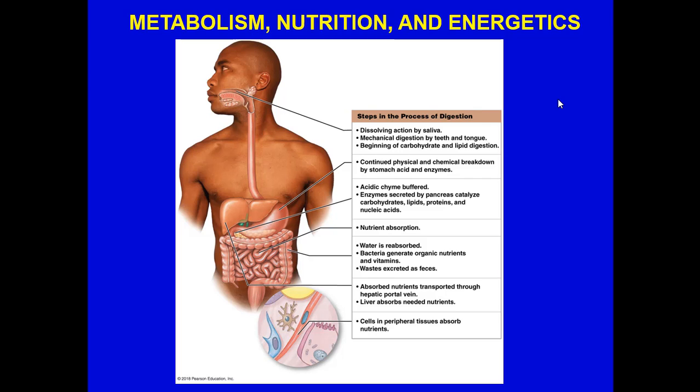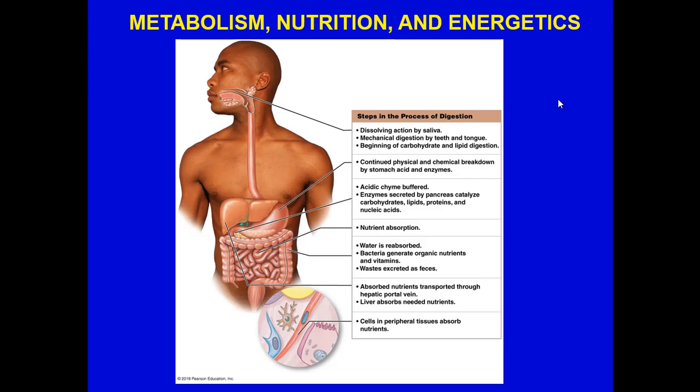And eventually you form the fecal matter, which is excreted. The fecal matter will contain undigested polysaccharide fibers, things like cellulose. About 30% of it will be bacteria cells. And we may also have some other materials that were not well digested that are excreted.